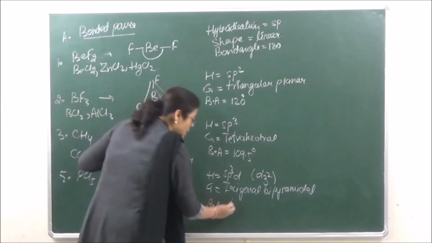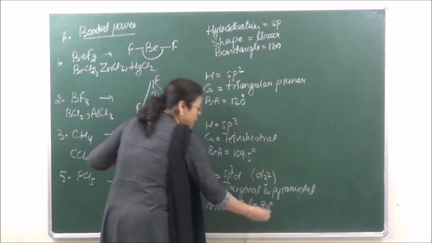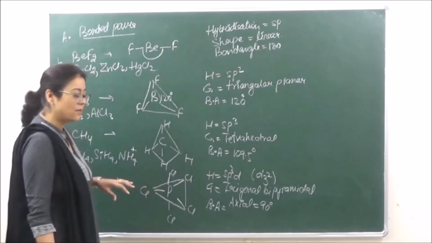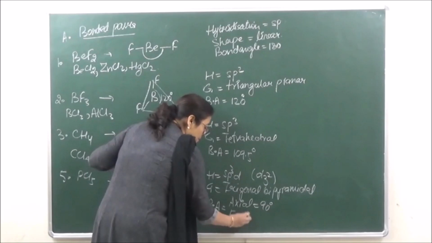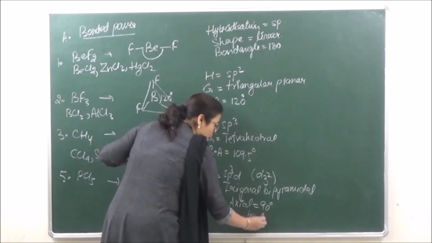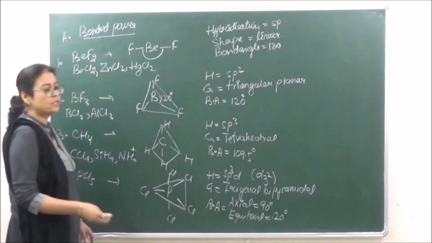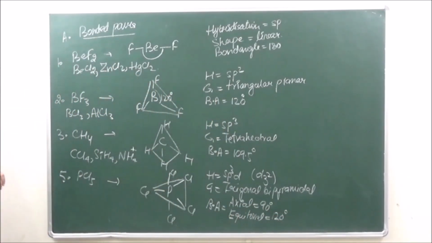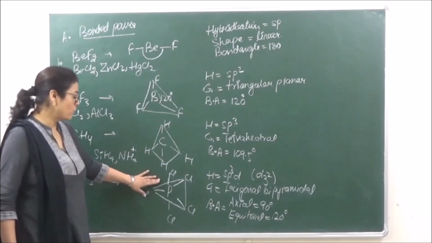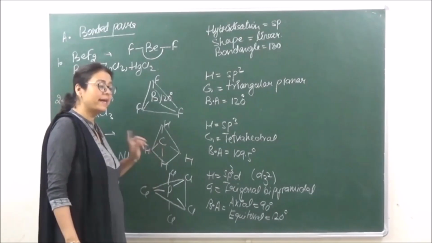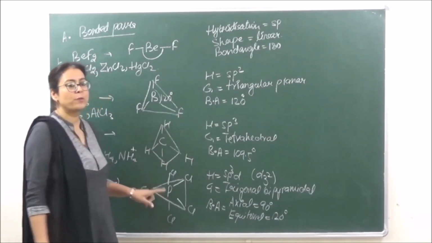Bond angle for axial, which is perpendicular to the plane, is 90 degrees, and the bond angle for equatorial is 120 degrees. Okay, understood? Now also you have to remember that the length of the axial bond is greater, whereas the length of the equatorial bond is going to be less.